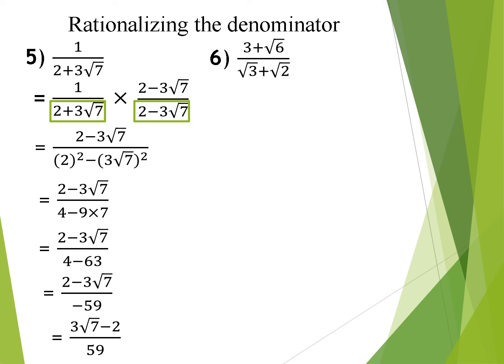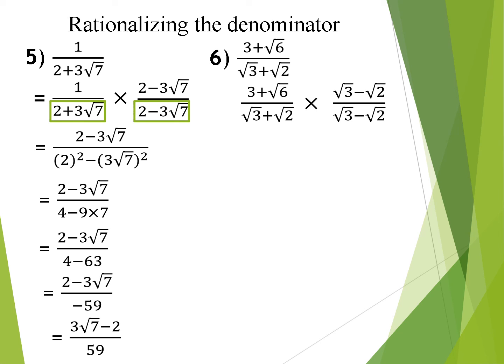Okay, here we can see that the numerator is 3 plus root 6 upon root 3 plus root 2. We have to rationalize the denominator. So what will we do? We will multiply by the conjugate of the denominator, that is the conjugate of root 3 plus root 2. That will be root 3 minus root 2.